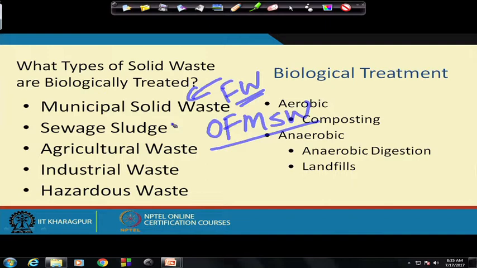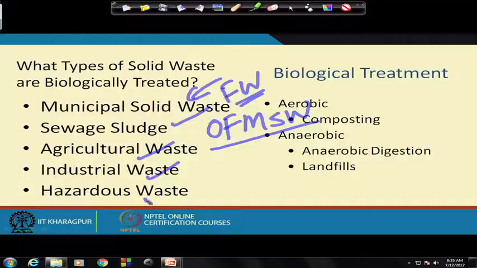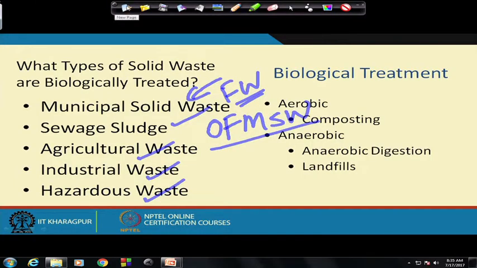Then sewage sludge can be used, agricultural waste is done quite a bit, industrial waste is also done, even some of the contaminated sites with some of these industrial wastes are also biologically treated. Hazardous waste can be done as well. So, these are the different types of waste which could be biologically treated, and when we say it is biologically treated, essentially our microorganisms should be able to use that waste as a food source. So, they should be able to use the organic fraction of that waste as a food source, and if they can do that, it can be biologically treated.